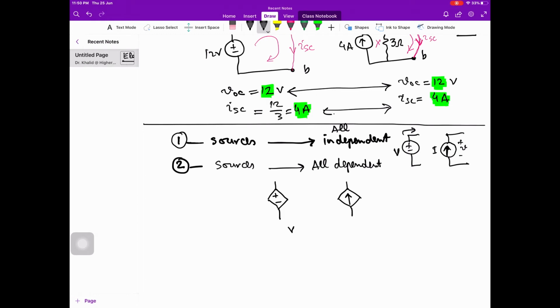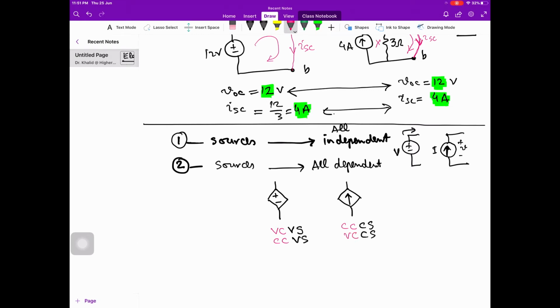This voltage source may be a voltage controlled voltage source, it may be a current controlled voltage source, and at the right hand side the current source may be a current controlled current source, or a voltage controlled current source.